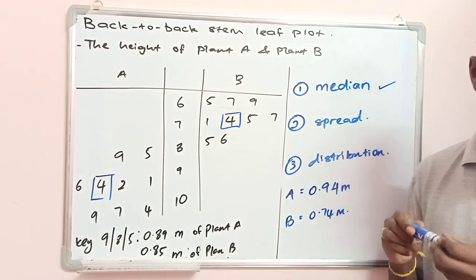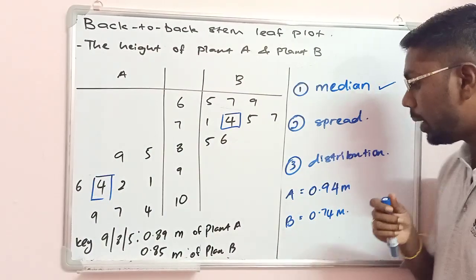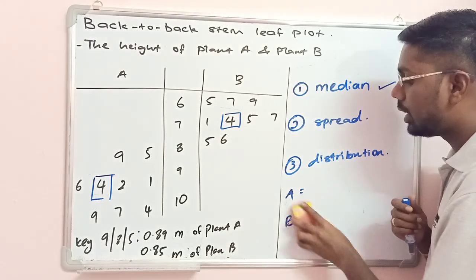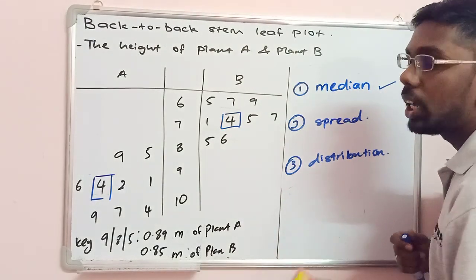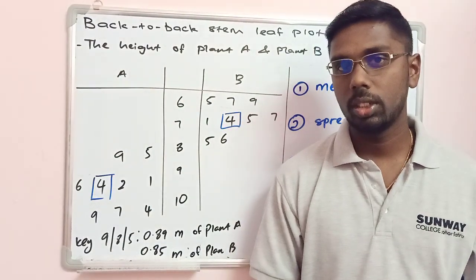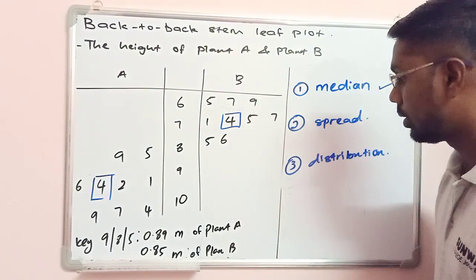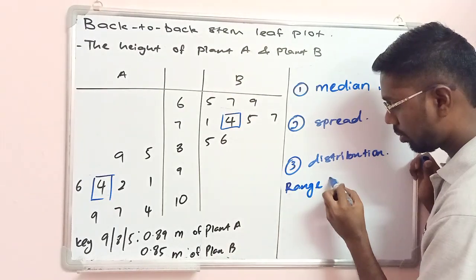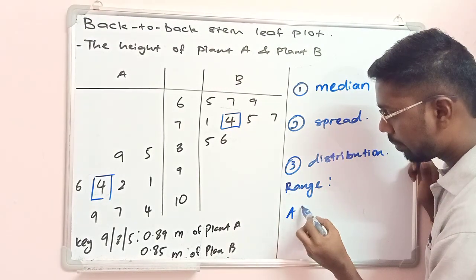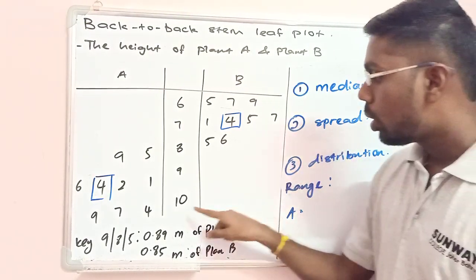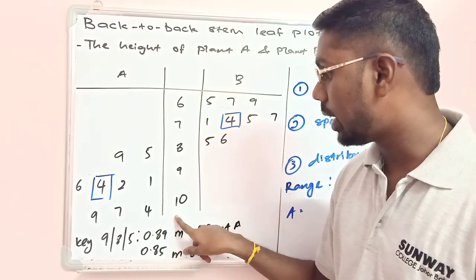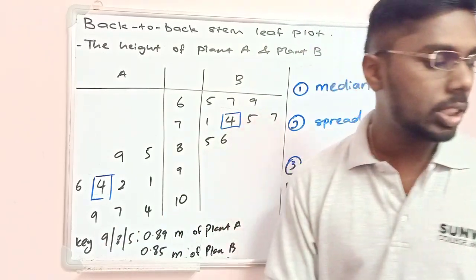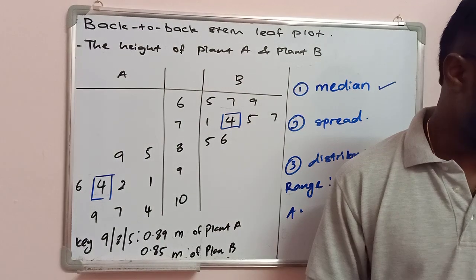And then the spread. When I talk about the spread, the first is the range. Okay, so range for A. The highest value is 10 stroke 9, which means 1.09.